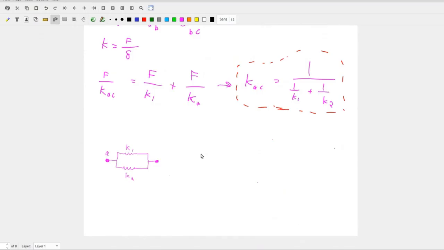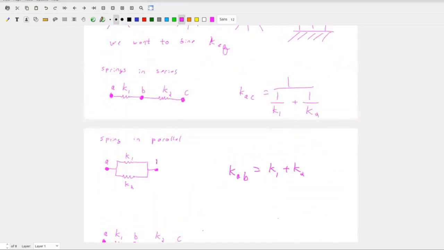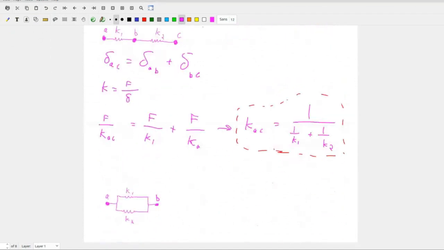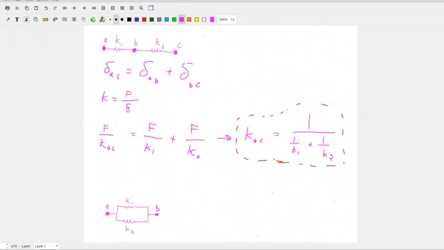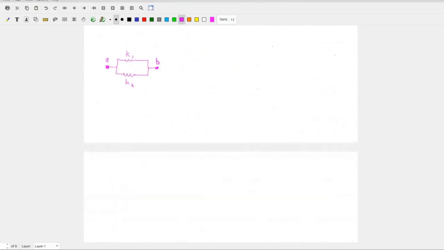So Nick, if I pull on point B, I'm going to bring it up higher so it's on the screen. What's my displacement in K1? Is it equal to K2? If you pull on B, it should be equal to K2, yeah.